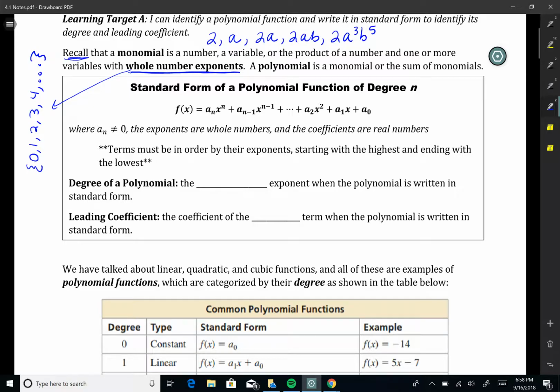So we're going to talk about the standard form of a polynomial function of degree n, right here, with lots of mathy lingo, right? f of x equals a with the subscript of n times x to the power of n. And then the next term is a with the subscript of n minus 1.